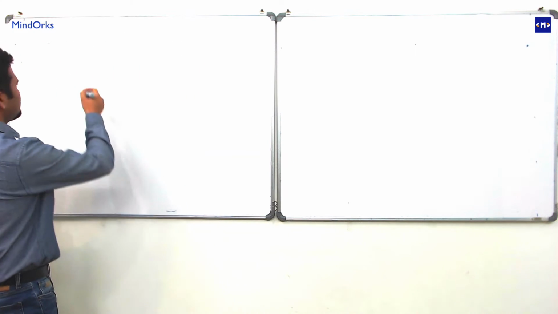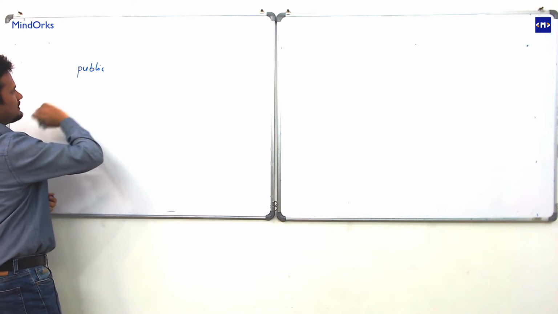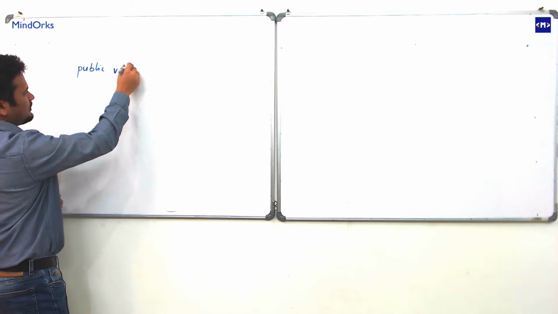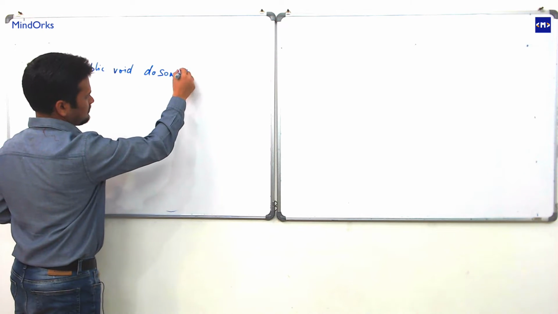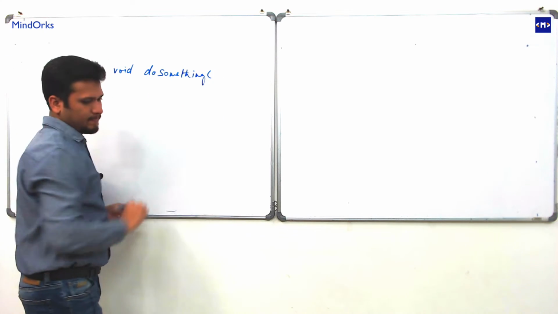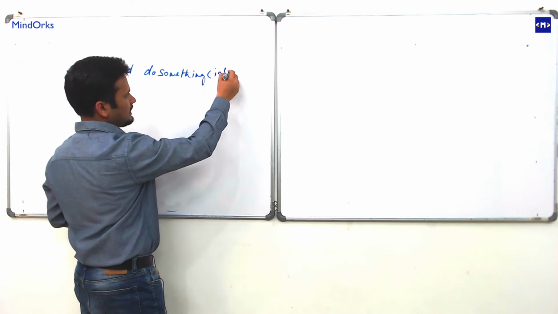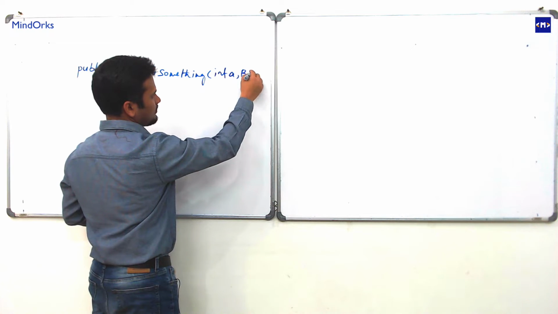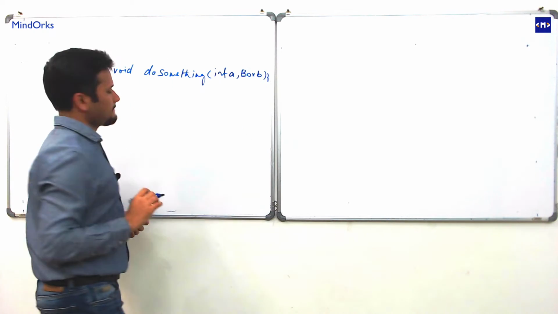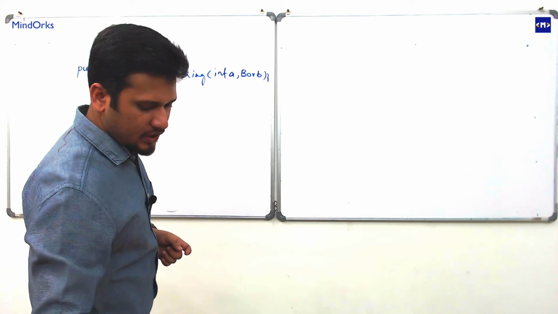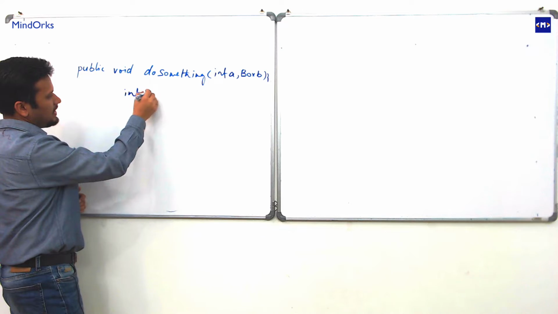Suppose you have a function or a method, public void do something, which gets, for example, int a and Box b. Now here we are doing certain things, for example int i equals 1.